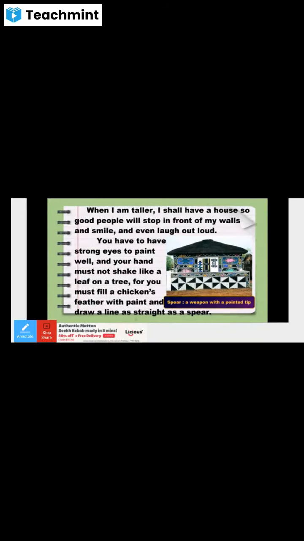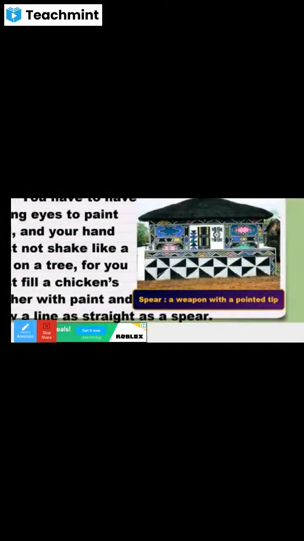So you have to have strong eyes to paint well, and your hand must not shake like a leaf on a tree. For you must fill a chicken's feather with paint and draw a line as straight as a spear. Here, spear means a weapon with a pointed tip.